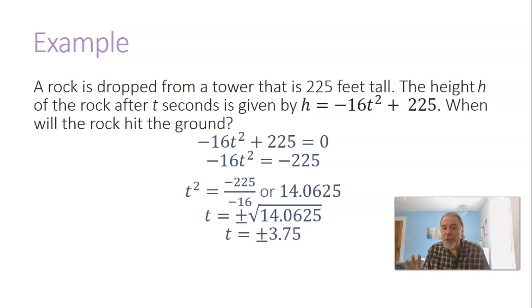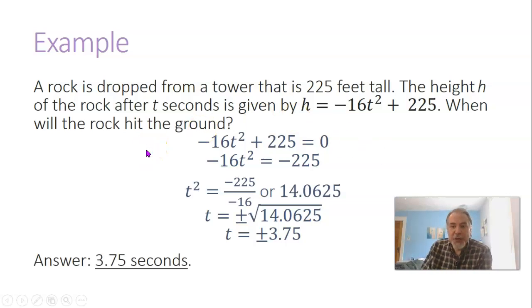For the equation to be true, t could be positive or negative 3.75. But only one of those really makes sense in terms of the situation that the problem is talking about. So the one that we really want is the positive number, the one that's how many seconds after the rock was dropped. So that would be 3.75 seconds.